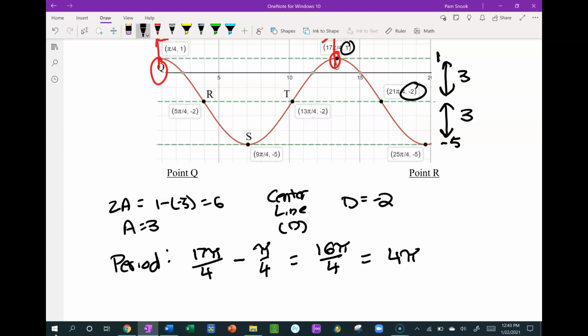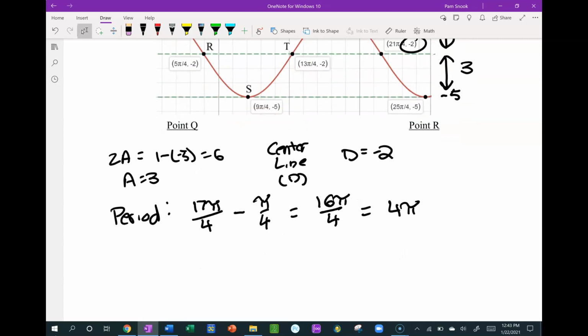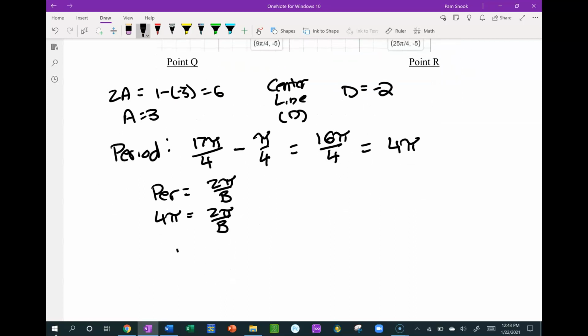So my period is 4 pi. From the period, I can then calculate B. So period equals 2 pi over B. So 4 pi equals 2 pi over B. And when you solve this, you're going to get B equals 1/2.